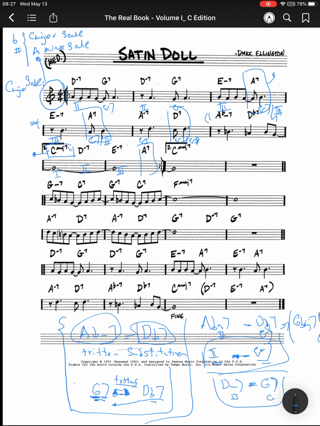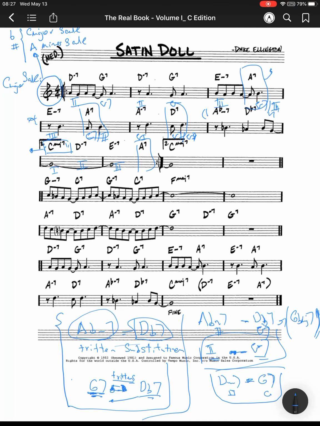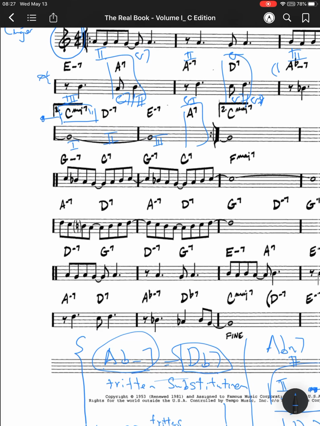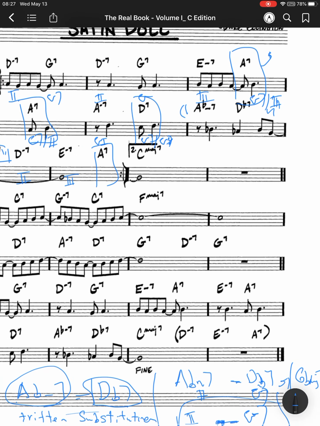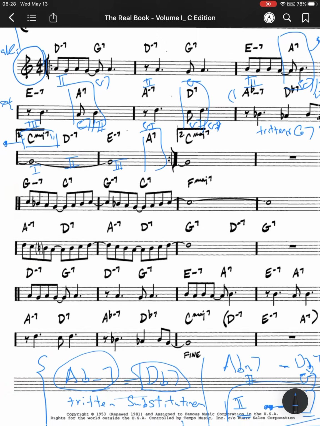The composer Duke Ellington used these kinds of weapons a lot. After that, we have the C major scale. C major, of course. This is the tritone of G7.